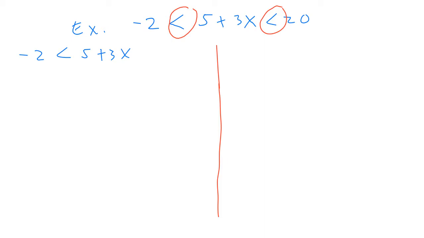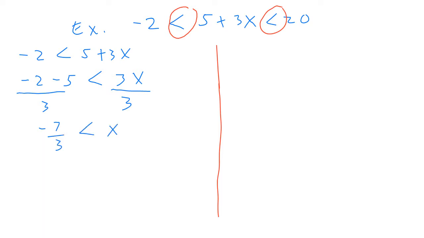Okay, so I will move 5 to the left side. Becomes a negative 5 less than 3x. Then I have to divide this by 3 and also 3 on the other side. So I will get negative 7 over 3 less than x.